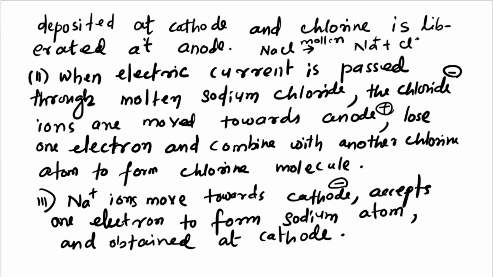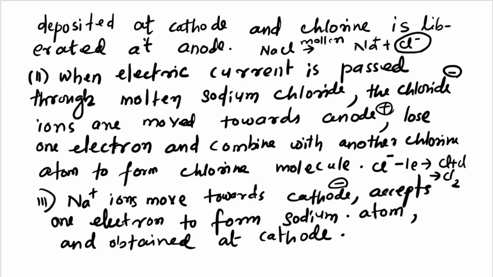Na+ moves towards the cathode and gains an electron to form sodium. Cl- has an excess of electron, so Cl- loses one electron and gives a chlorine atom. Chlorine atom with another chlorine atom gives a chlorine molecule. Clear now?